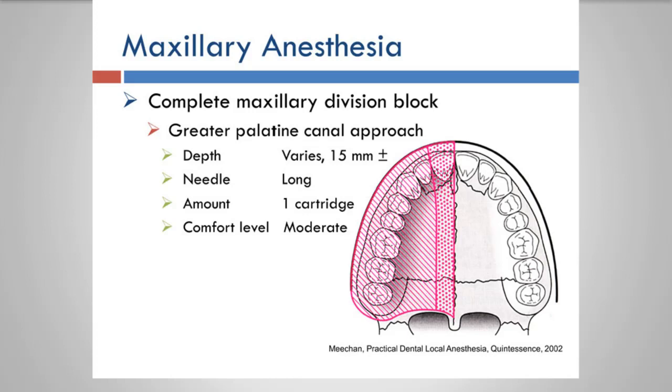Now, one thing about this injection is that your patients are going to be impressed for two really nice reasons. Number one, they are going to report that they have never felt as numb on the upper arch as what this injection will do. It's good, profound anesthesia, soft tissue and pulpal.